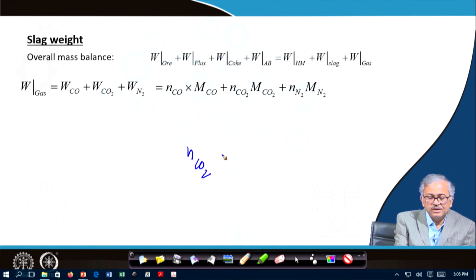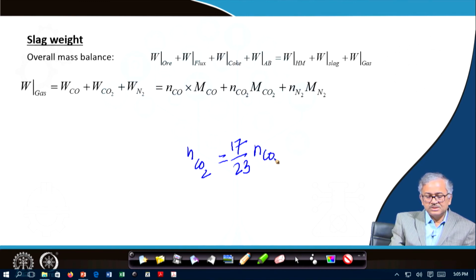I know 17% is CO2 and 23% is CO. So if you multiply by NCO, because this is the volume ratio and also the mole ratio, I can simply get the moles of CO2.